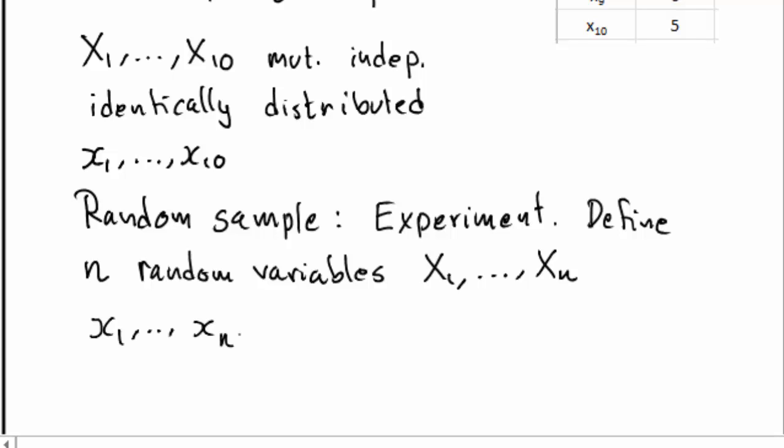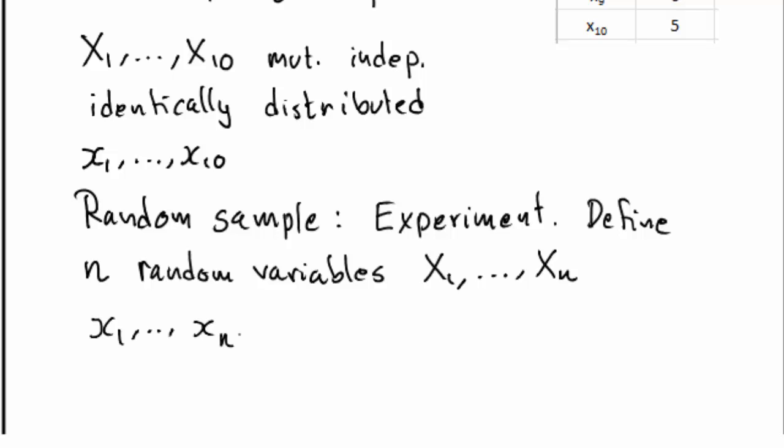So let's say now that I have a random sample. I've defined n random variables, and I think of a random sample as n drawings from these random variables. So often what we would like to do in statistics is to draw some conclusions about these random variables.